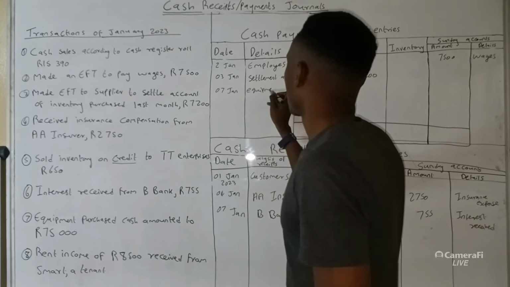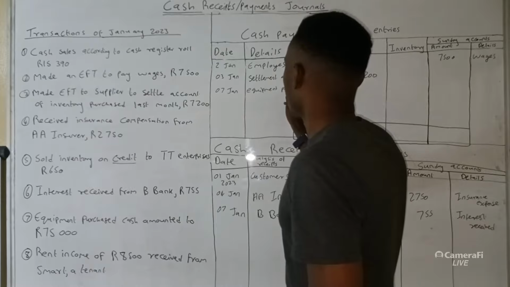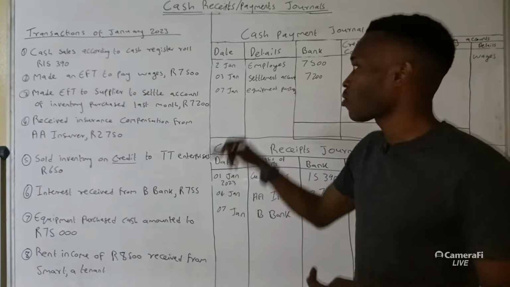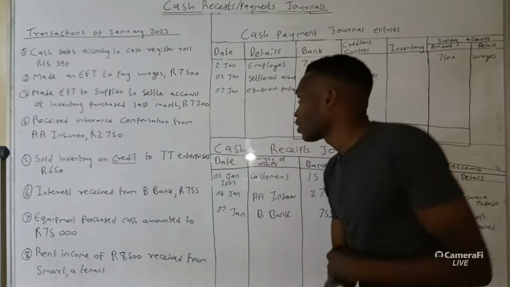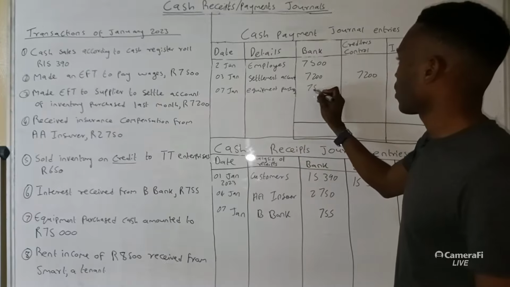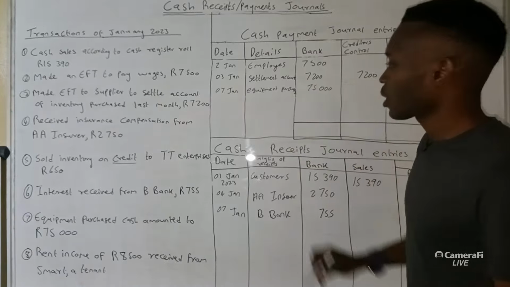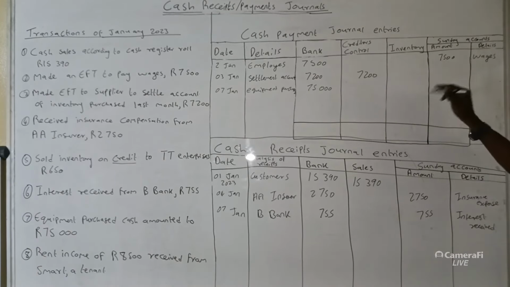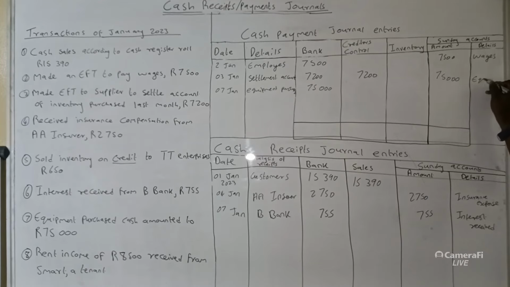Equipment purchased. But if we have the name of the company that we purchase equipment from, we are going to write the name of the company here. Okay, and the amount is 75,000. Okay, because we don't have a column for equipment here, we're going to go to sundry account and say 75,000 and say equipment.